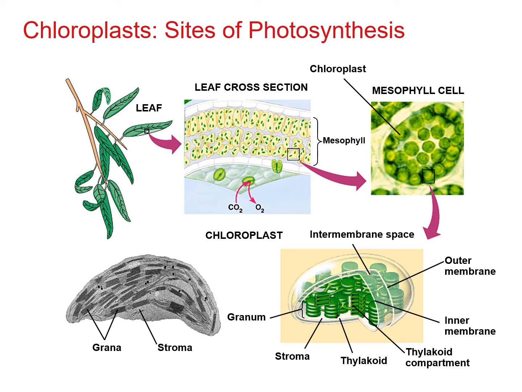The chloroplast is larger than mitochondria due to the fact that its membranes are not folded into cristae as in the case of mitochondria.